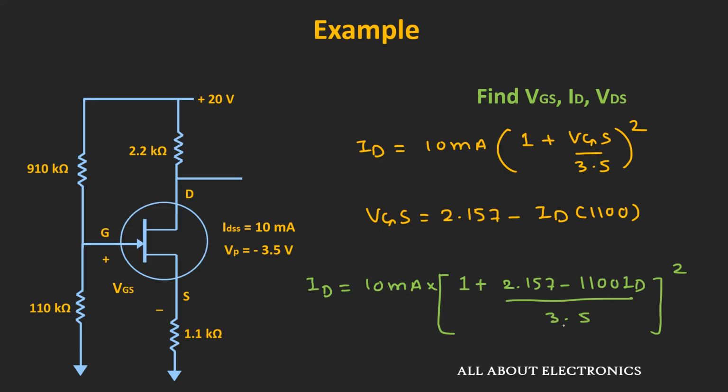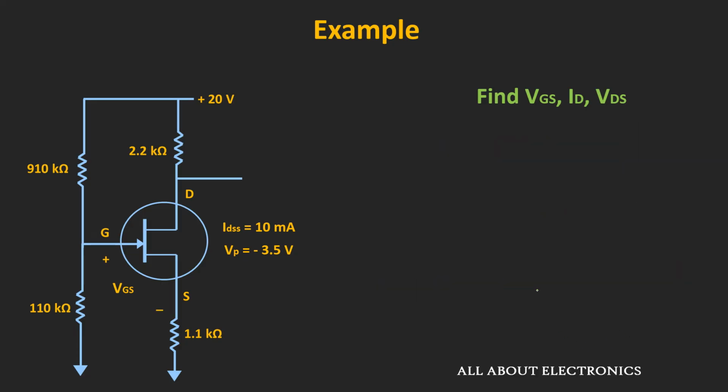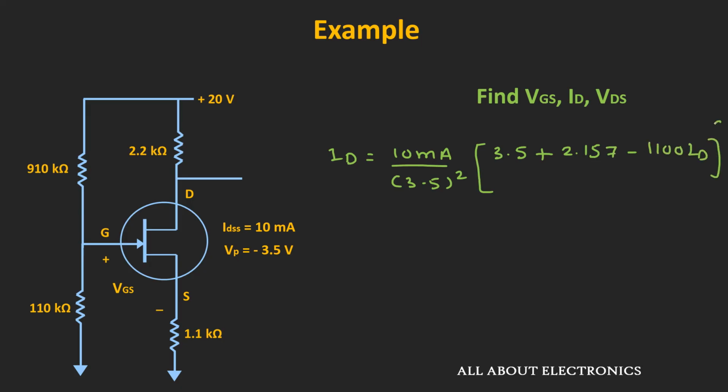Or if we further simplify it, then this drain current ID is equal to 10 milliampere divided by 3.5 whole square times (3.5 plus 2.157 minus 1100 ID) whole square.